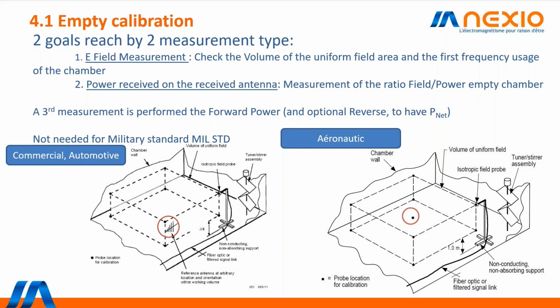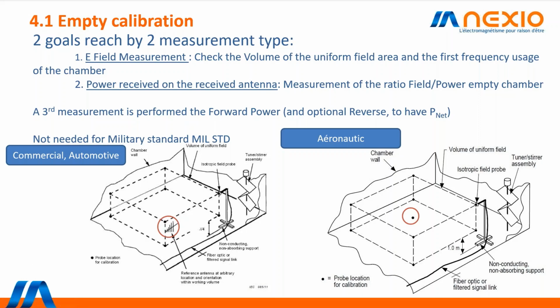For commercial standards, the field probe is placed at 8 locations on a perimeter of the chamber working volume. For aeronautic standards, one more location in the center of the volume, so 9 positions for the DO 160. On the graphic for commercial, we can see that the received antenna is also present for aeronautic calibration.